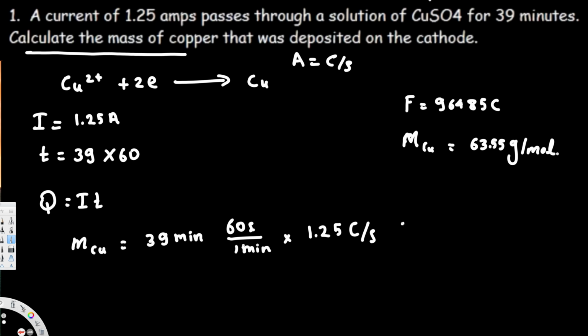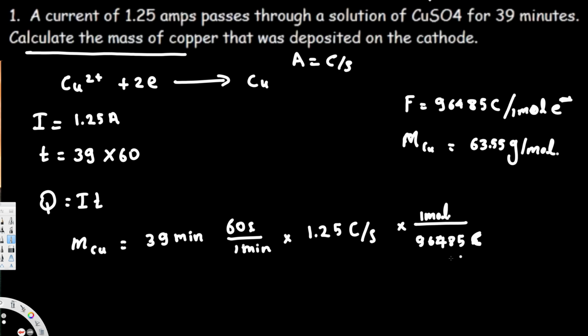Here we know that Faraday's constant is 96485 coulombs in 1 mole. Faraday's constant is actually coulombs per 1 mole of electrons, so that's what it represents. So this one is going to be 96485 coulombs per mole.